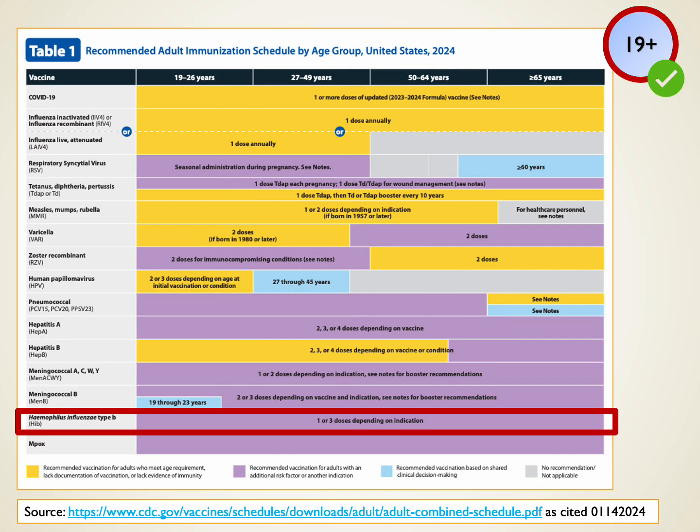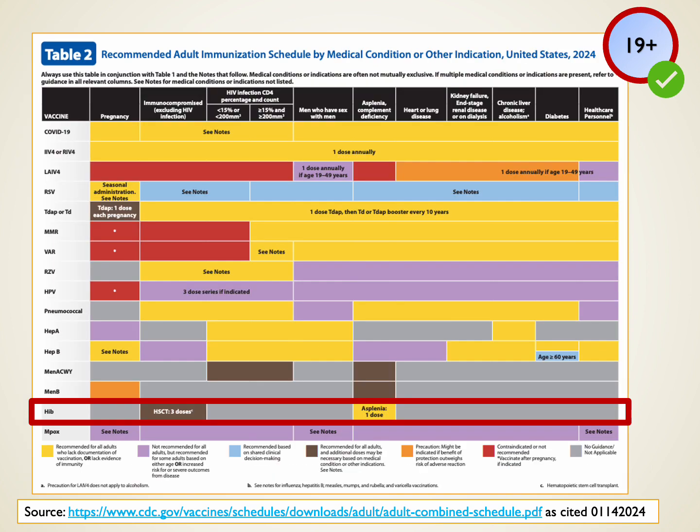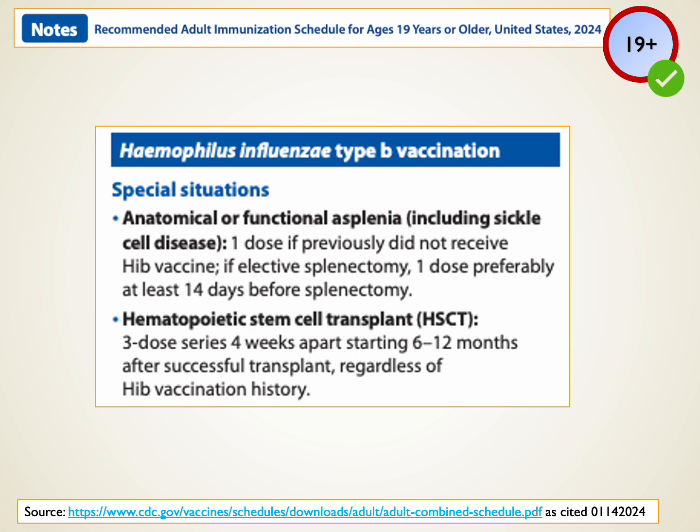In adults, there is a role for people who have not had it as part of childhood, but there is less of a widespread use for everybody. It depends on what their history has been. And again, no major contraindications for use. But it's pretty much limited to people who really are asplenic.